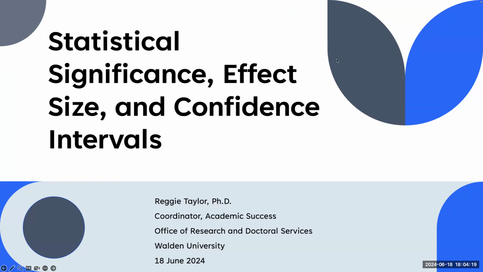And to run those tests, there's some foundational knowledge that is needed. And basically, we're going to talk about that. There are three concepts called statistical significance, effect size, and confidence intervals.